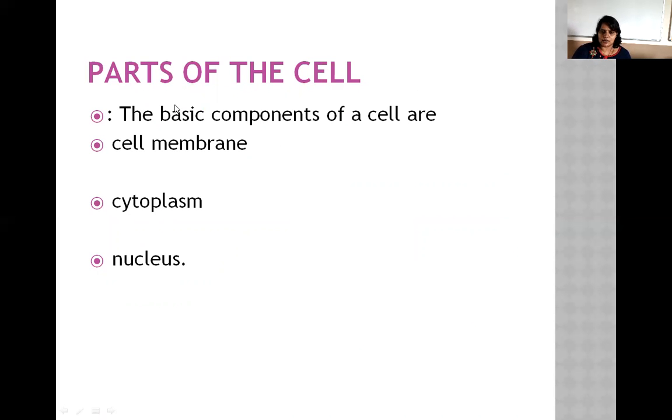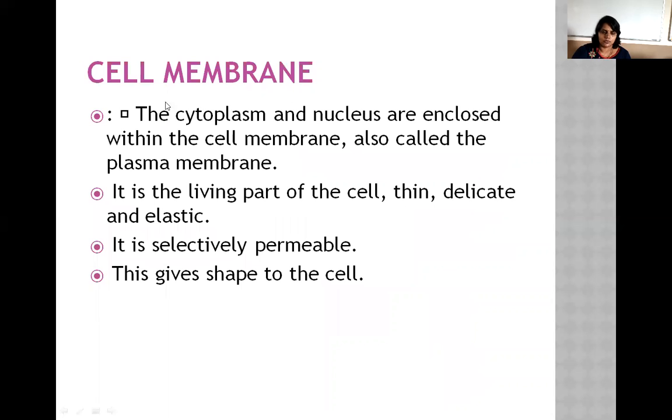Parts of the cell. The basic components of any cell are the cell membrane, cytoplasm, and nucleus. Cell membrane. What is the cell membrane? The cell membrane is also called the plasma membrane.